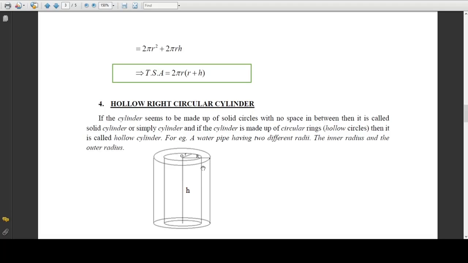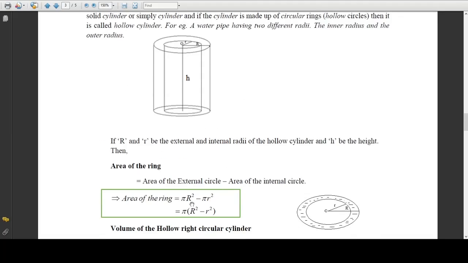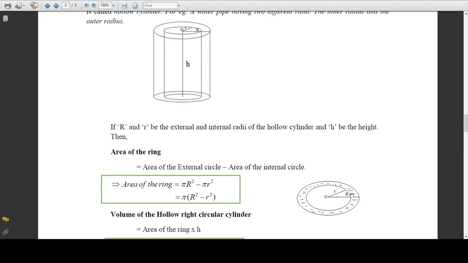If we denote capital R for the radius of the bigger circle and small r for the radius of the smaller, inner circle, then the area of this ring will be pi R square minus pi r square, the bigger minus the smaller.